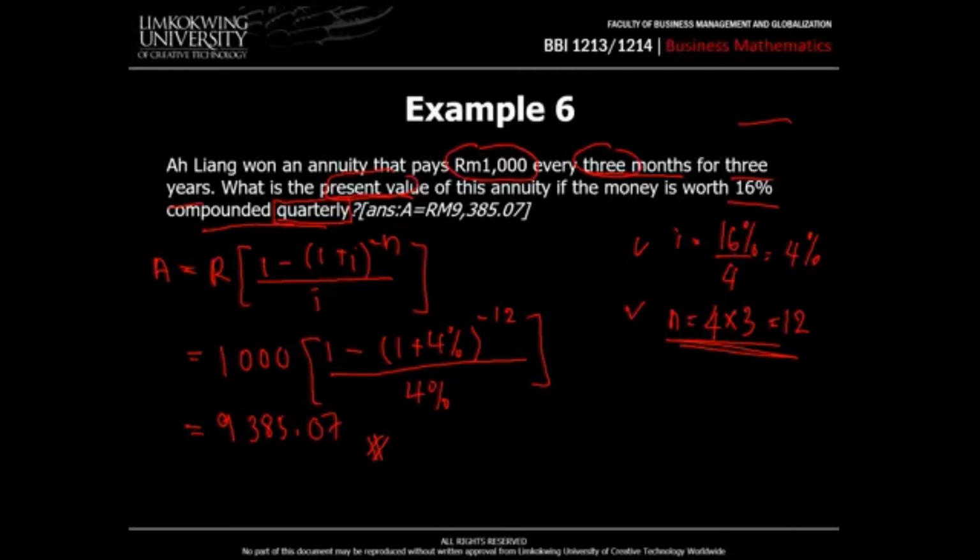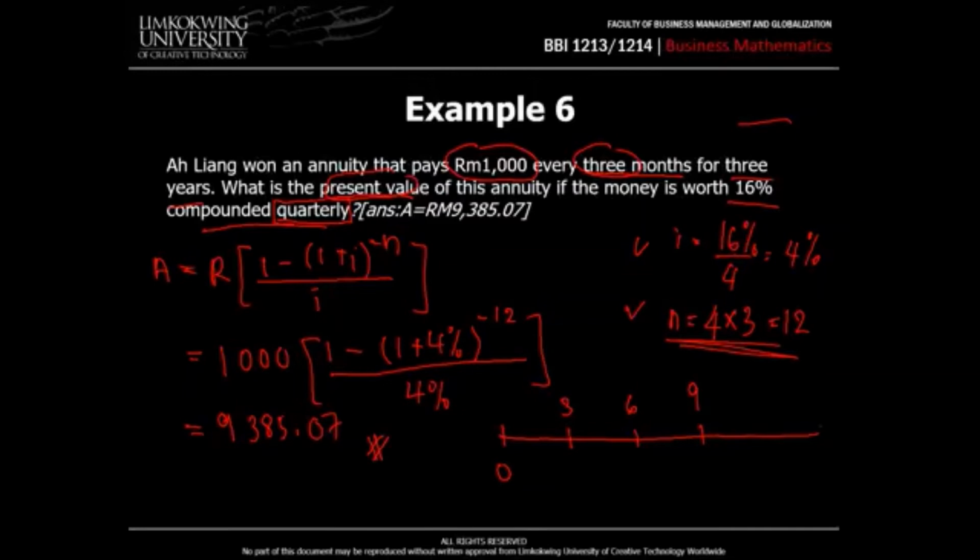This question: Ah Liang won an annuity that pays 1,000 every 3 months. If we do the timeline, 0, every 3 months, so 3, then 6, then 9, until how long? For 3 years.